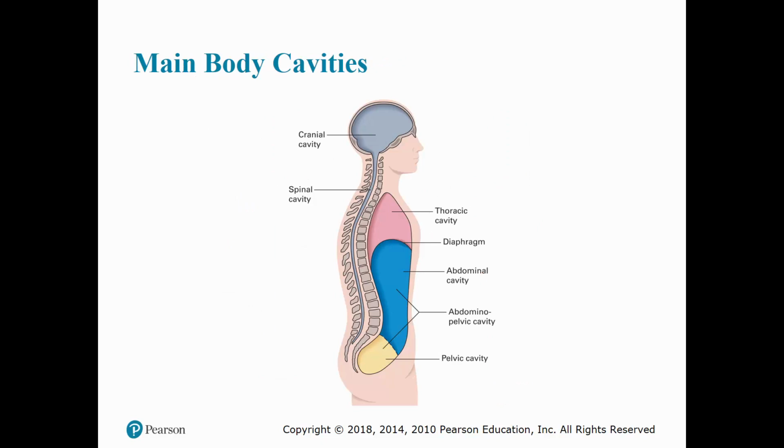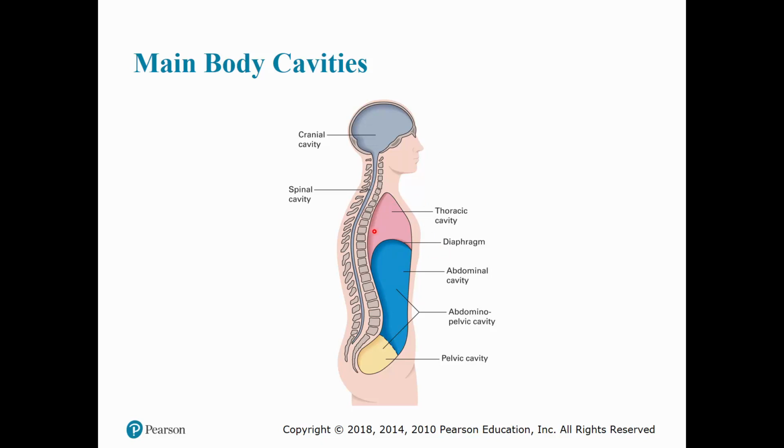Within our upper torso, we also have main cavities that our organs are contained in. You have your cranial cavity, which is where our brain is contained. Your spinal cavity, which is where your spinal nerves run through. Your thoracic cavity, where your heart and lungs and your aorta and the larger portions of your vena cava are.